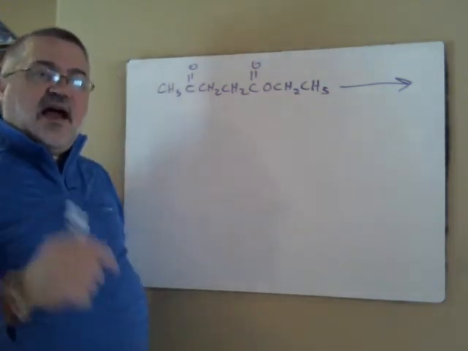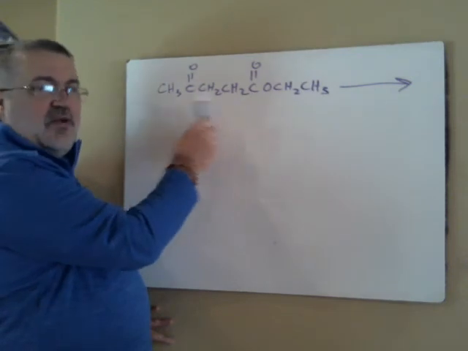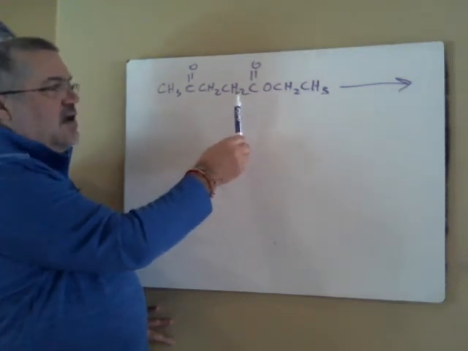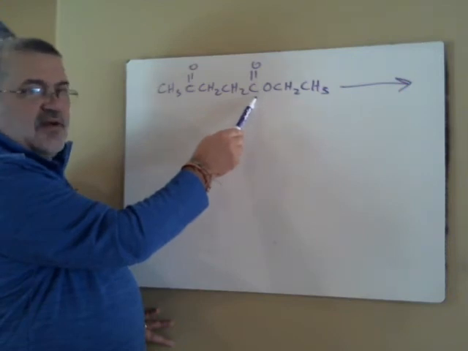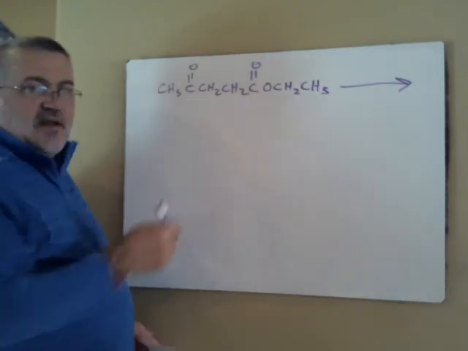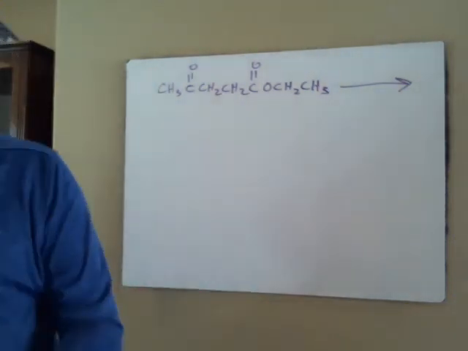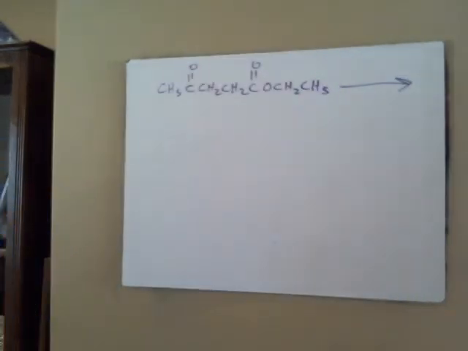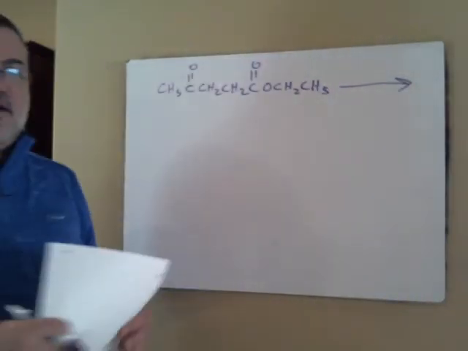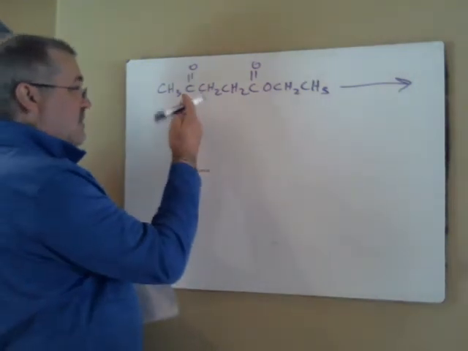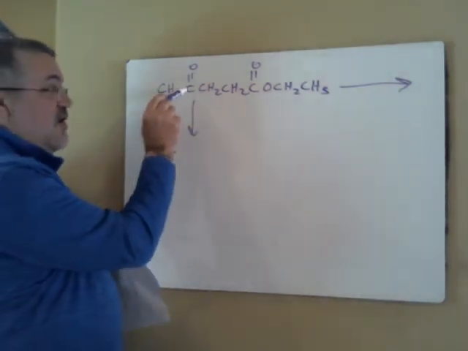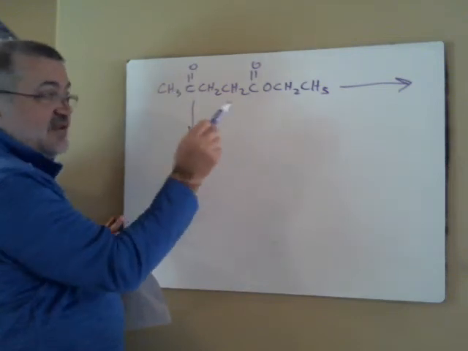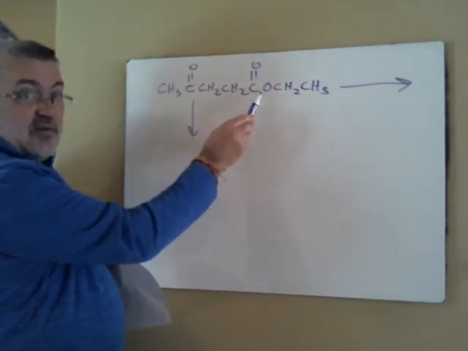Right? And then I asked the question, wouldn't it be nice if there were a way of reducing just the ester without affecting the ketone? And the answer to that is yes, we can do that using a protecting group, because acetal formation occurs on ketones and aldehydes, not esters.